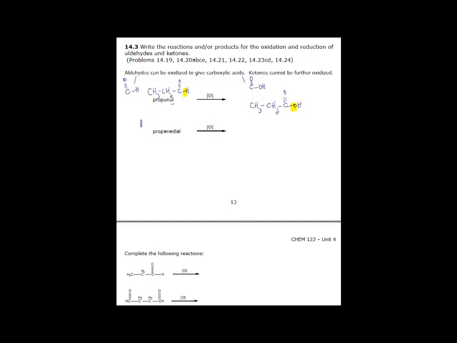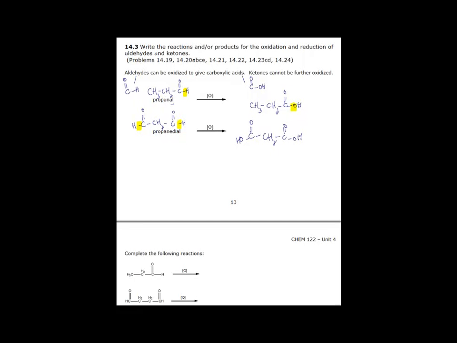And we'll see this again with propanedial. Since propanedial has 2 aldehydes, you can see how when you oxidize this, you'll get 2 carboxylic acids. So this makes a dioic acid, so this would be propanedioic acid.